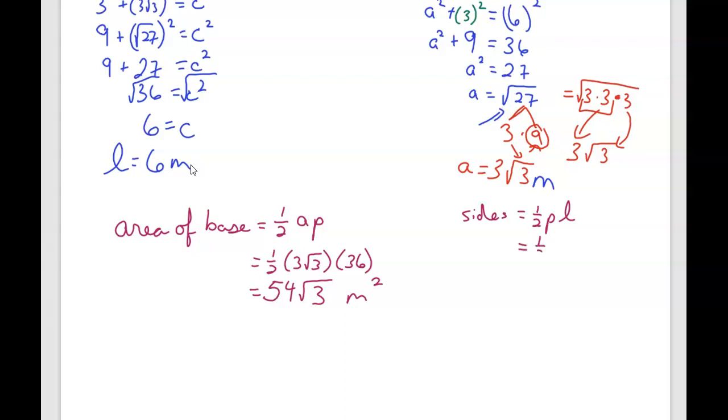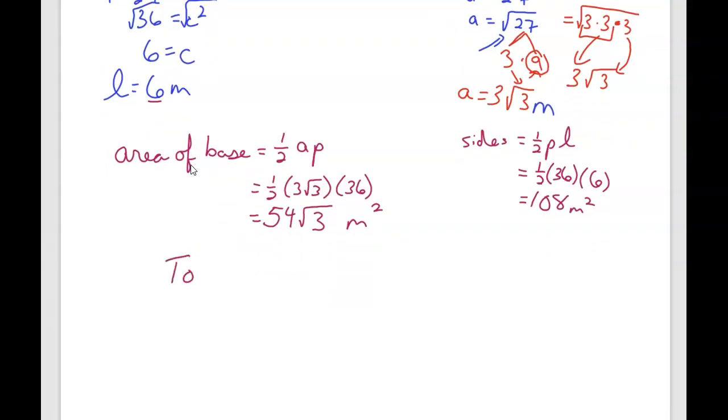So we get 1/2 times 36 times the height of the slant, which was 6. 1/2 times the 36 times the 6 gives me 108 meters squared.